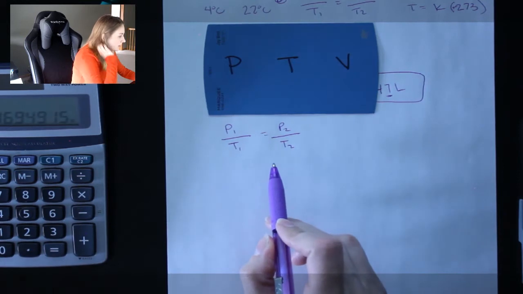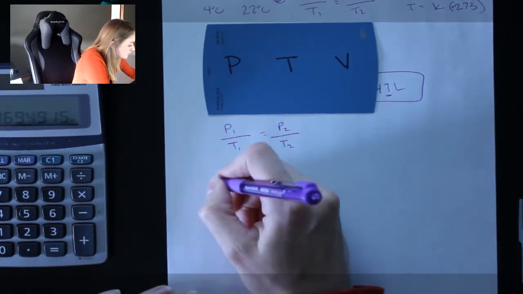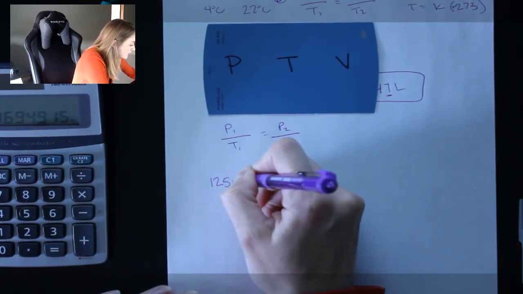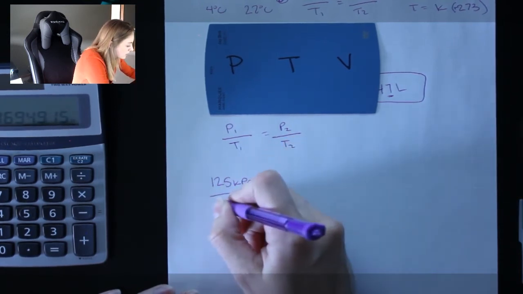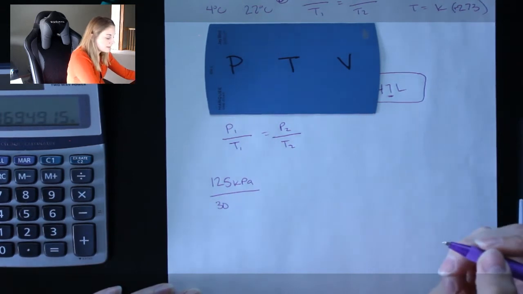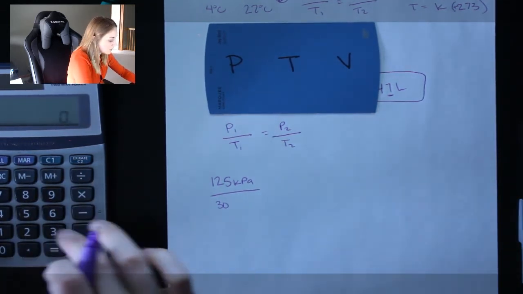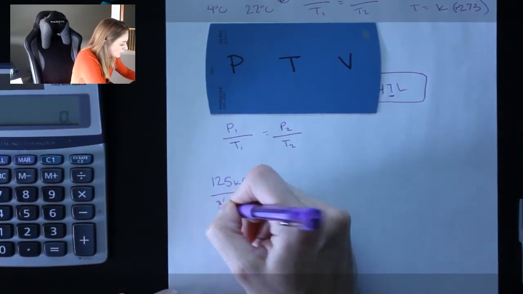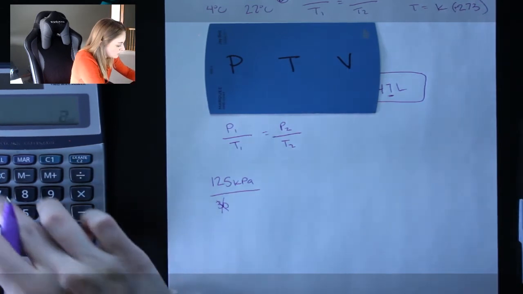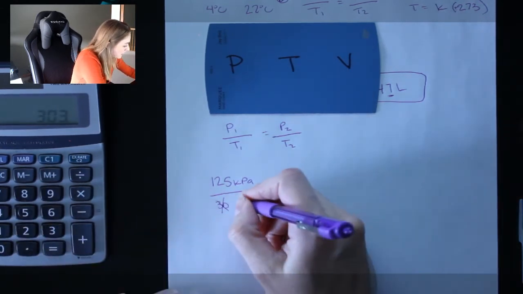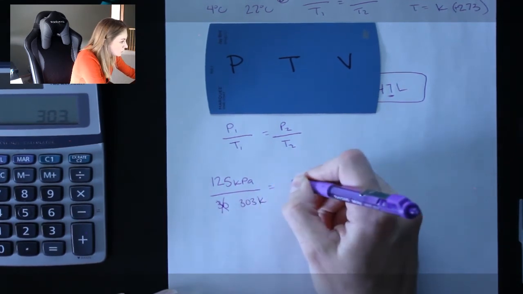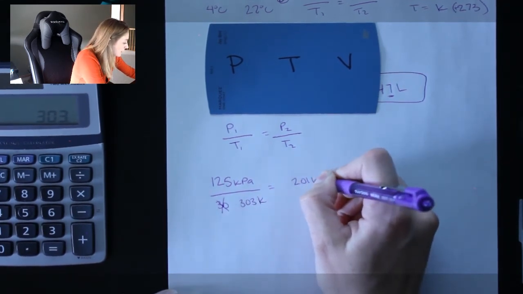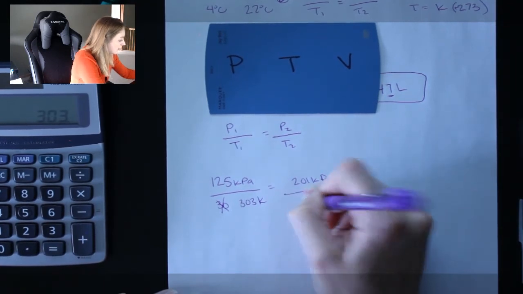It tells me that my first pressure is 125 kilopascals and I have a temperature of 30, but that's in Celsius, so I want to add 273 to that. So it's going to be 303 Kelvin. And that's going to be equal to 201 kilopascals over X.